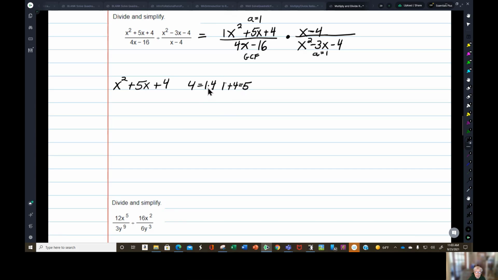So the numbers we're going to use are, might as well make a notation, positive 1 and positive 4. For x minus, oh, I don't want to do it that close. Where's my eraser?